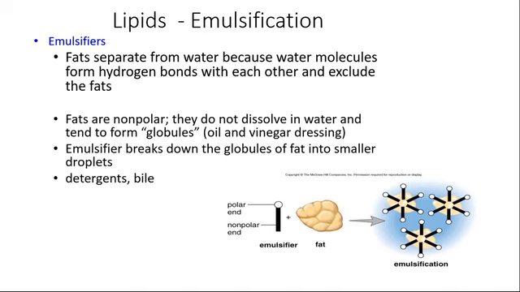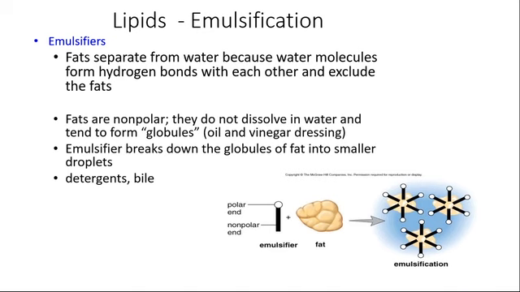Look at mayonnaise. Mayonnaise is an emulsion of egg white, and then you have some oil and moisture. Because of the emulsifier added to it, which could be a phospholipid or lecithin, and then shaken up, it breaks down the globules of fat into smaller droplets and makes them go into solution.